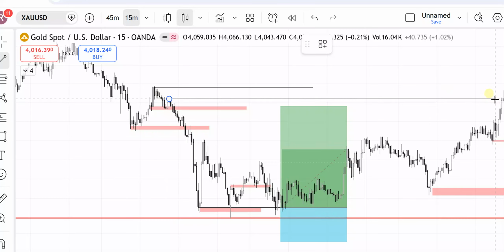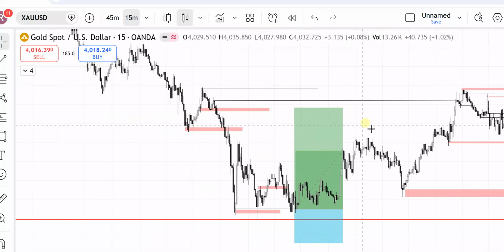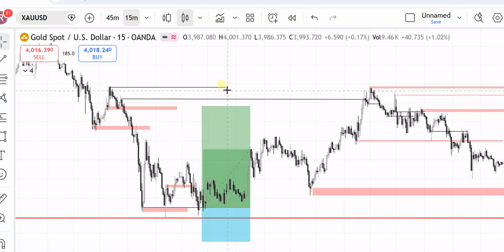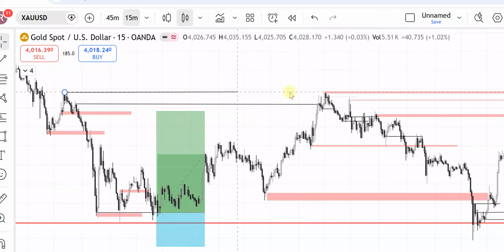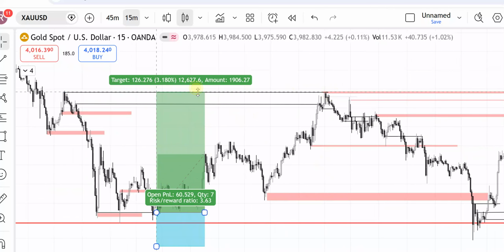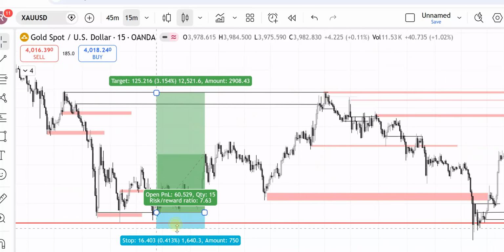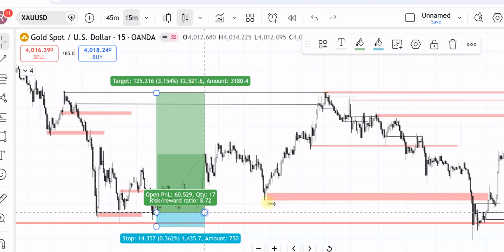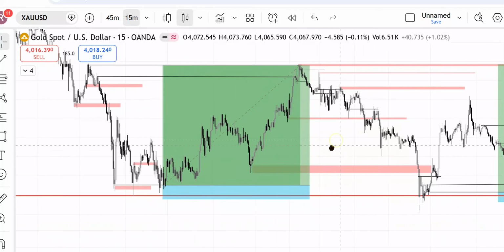As you can see here, the market takes the liquidity of these key levels. So my target is easily achieved.